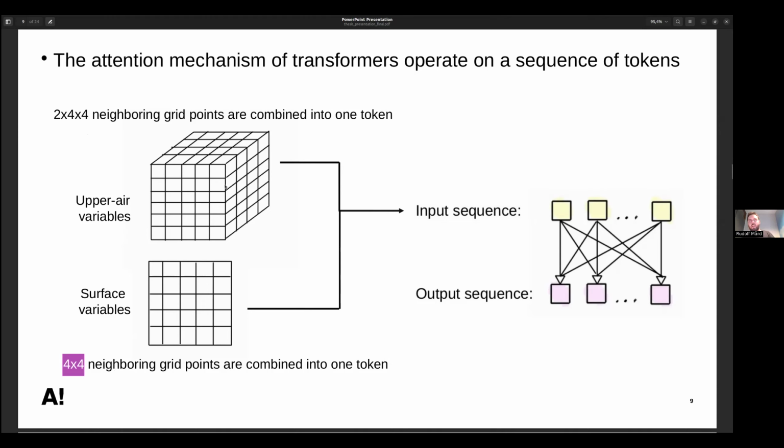After that, these upper air and surface variables are concatenated in the vertical dimension. Once we have transformed the data into tokens, we have a 3-dimensional volume of tokens. The attention mechanism basically flattens that volume and treats it as a sequence of tokens.